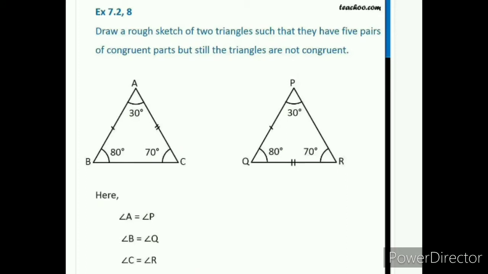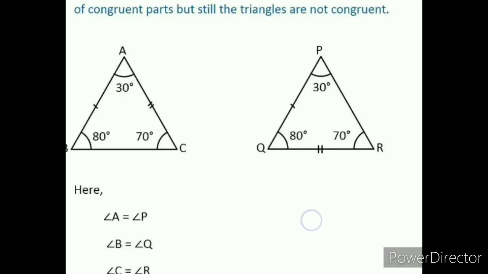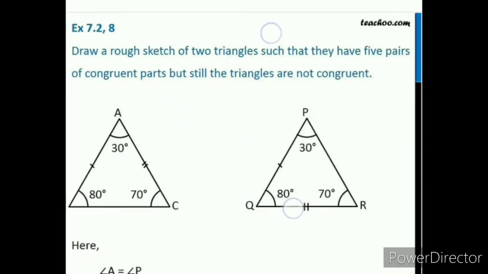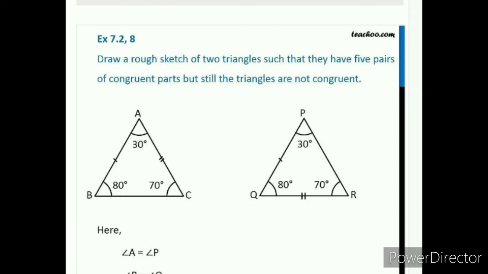But here, if you draw a rough figure like this, angle A is 30 degrees, angle P is 30 degrees. These are corresponding parts, they are equal.